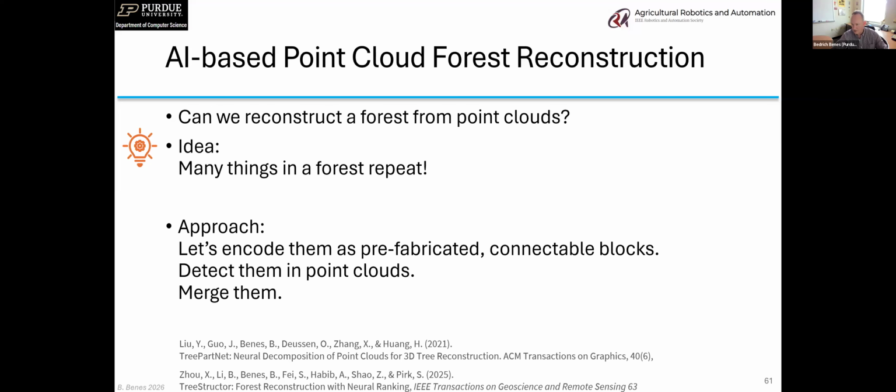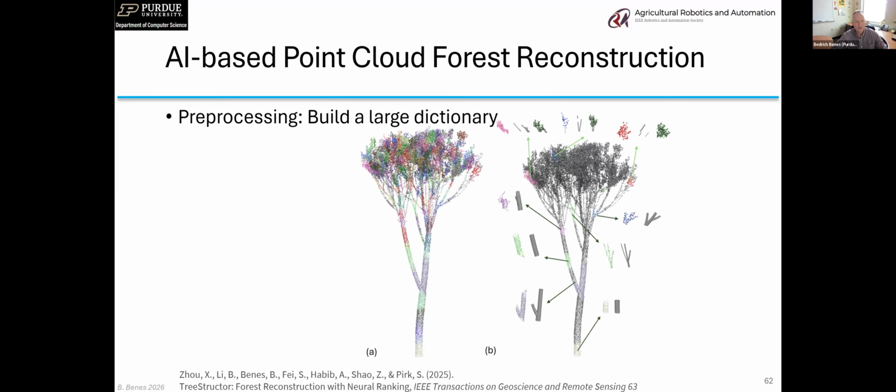But instead of having just a few basic cubes, we have hundreds of thousands of them. Once we have these connectable blocks, we detect them in point clouds, and then we merge them together. Let me explain the details of this. This is a point cloud on the left-hand side of a real tree.